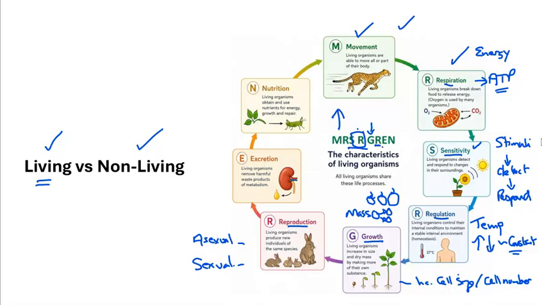The E is for excretion. Now, excretion is when a cell produces toxic molecules inside the chemistry of the cell, and so it's necessary for that cell to get rid of that toxic molecule. So when a cell gets rid of that molecule outside of itself, that is excretion.